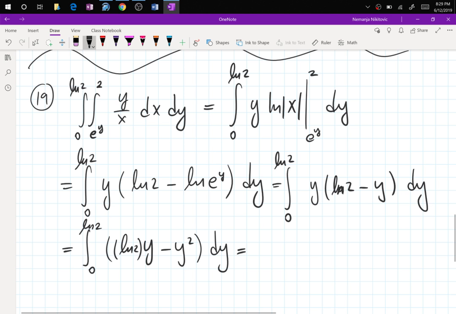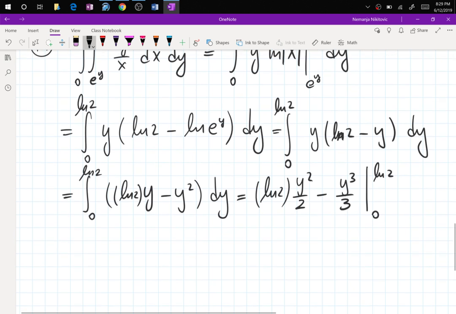So the integral of y, sorry, I'm integrating. So copy ln 2, and the integral of y is y squared over 2, minus integral of this one is y cubed over 3, and all of that needs to be calculated from 0 to ln 2. So it's just messy.